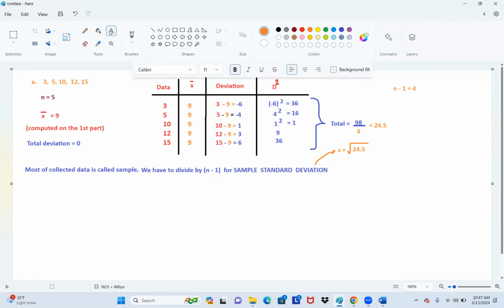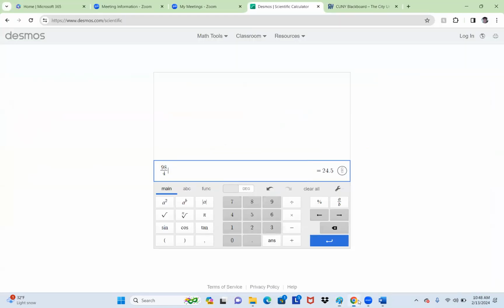Okay, are we good? And afterward, the reason why we have to take the square root is because we square each data point, then add them up and divide by 4. But we're looking for the spread, how much the data spreads out. So we're going to take the square root. The square root of 24.5 equals 4.94.